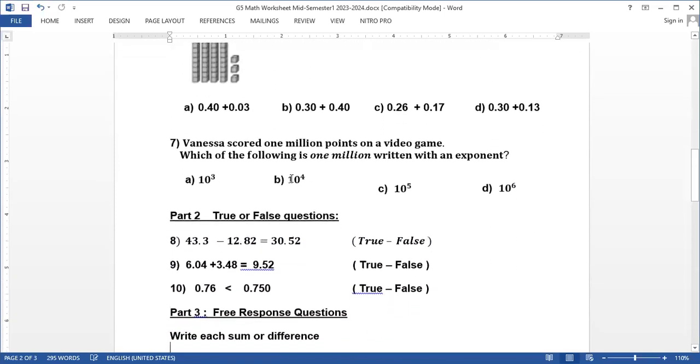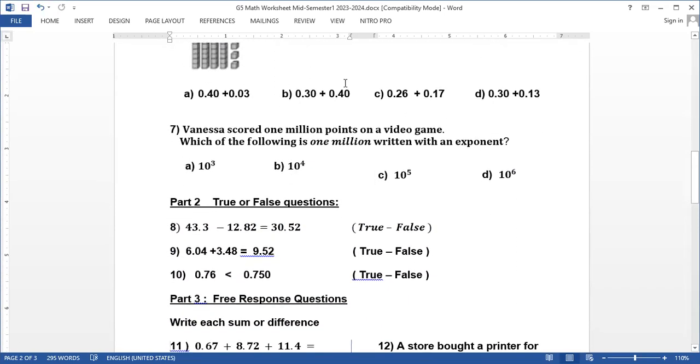Part 2, true or false questions. 43.3 minus 12.82 equals 30.52. Without calculating it, if you want to add or subtract decimals, the most important thing is to line up the point. Line up the point.